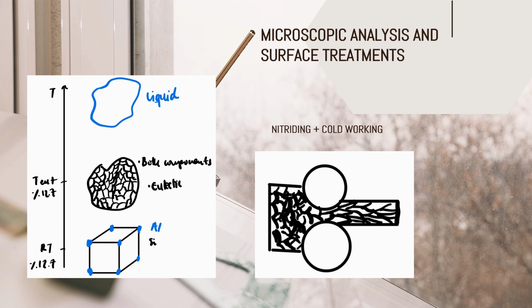Okay, so now regarding the microscopic analysis of this compound, I will analyze it at a concentration of 12.7%, which is the objective concentration, as I think that the behavior is crucial.